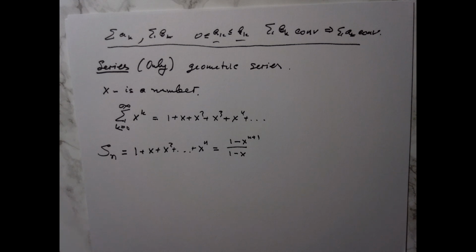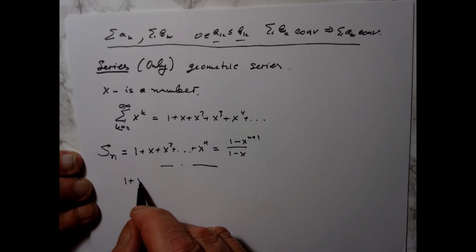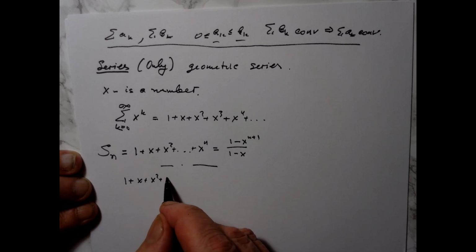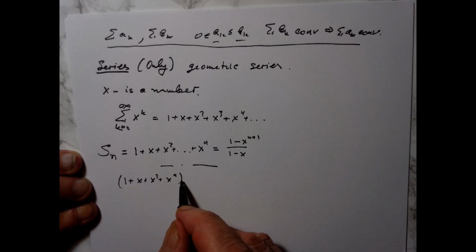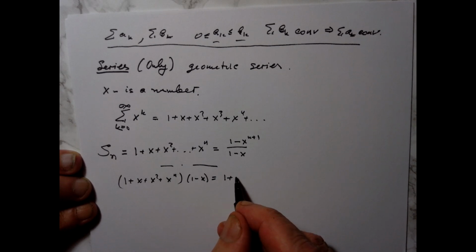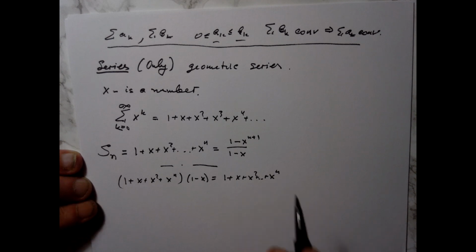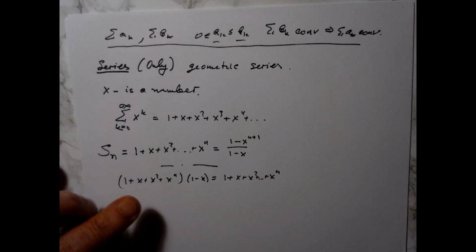For those of you who don't, just very quickly, take 1 plus x squared plus x to the n, multiplied by 1 minus x. So what are you going to have? You're going to have 1 plus x squared plus etc. plus x to the n. That's what happens if I multiply this term by 1.